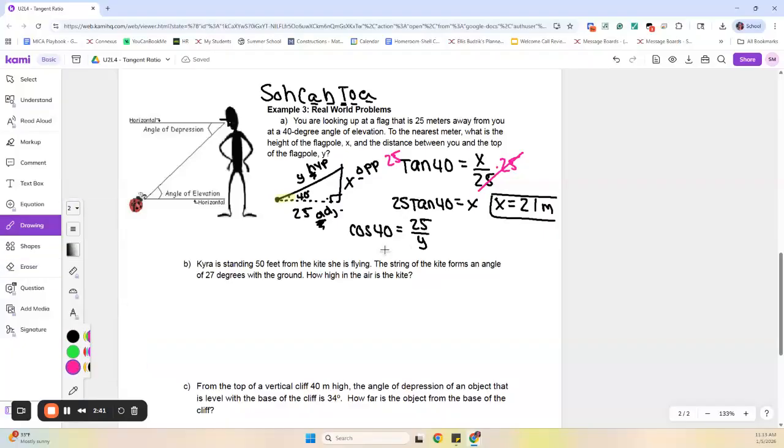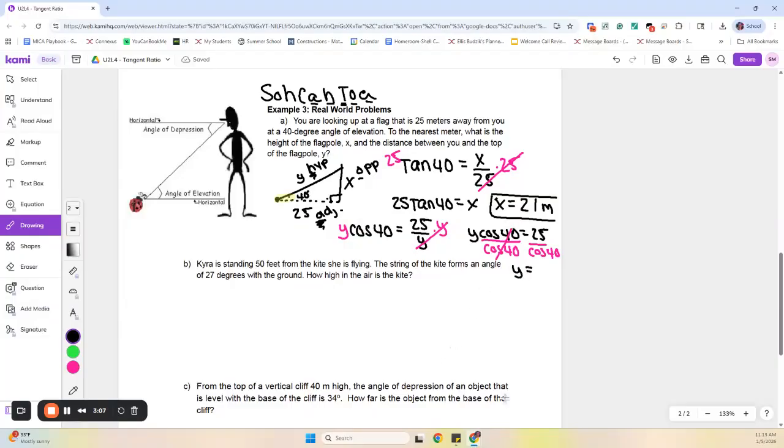So now we're still going to multiply by my denominator. So I'm going to multiply by y. I get y cos of 40 equals 25. I need y by itself, so I'm going to divide by cos 40. So that cancels, and then I'm left with whatever 25 divided by cos 40 is.